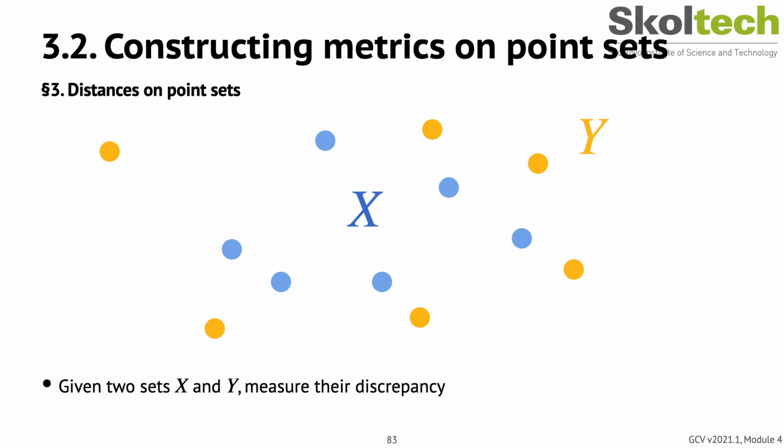Let us consider a practical example. On the slide, you are given 2D point sets X and Y. How could we possibly measure their discrepancy? The key challenge would be to determine which point in the X set corresponds to which point in the Y set.